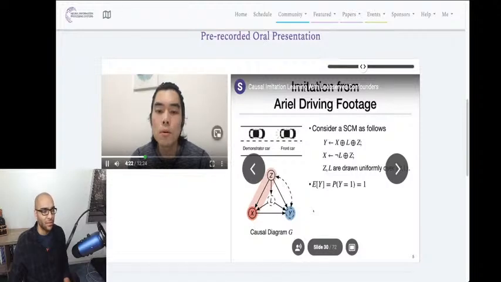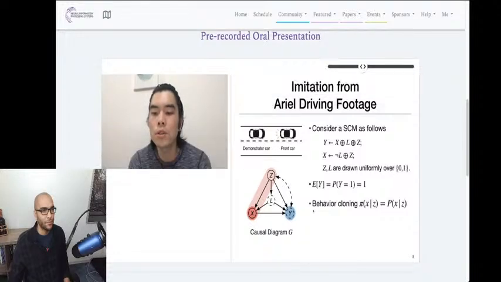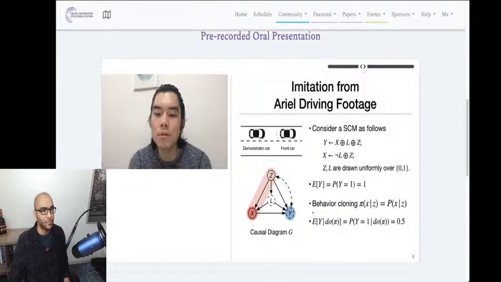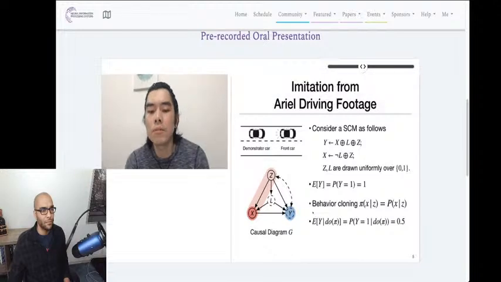We find that the demonstrator is indeed optimal. That is, expected value of Y is equal to 1. The imitation, applying behavior cloning, gives the policy pi equal to the conditional distribution P of X given Z. To our surprise, the expected value associated with the policy obtained from behavior cloning gives a performance of 0.5, which is far from the optimal expert performance, which is 1.